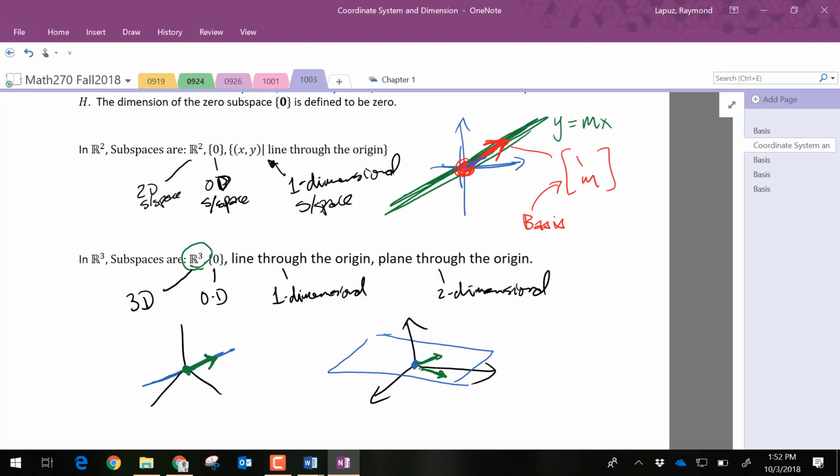If I knock off one of those dimensions, then I'm down to two-dimensional, and that's a proper subspace. And then if I knock down another dimension, I'm one-dimensional, that's a proper subspace. And then 0, we don't really call that a proper subspace. I refer to it as a degenerate subspace because it doesn't generate anything.